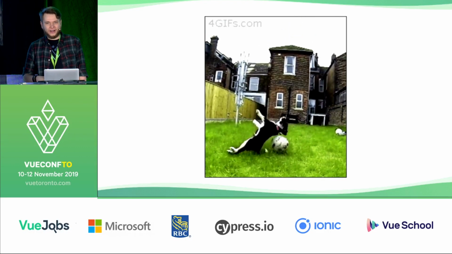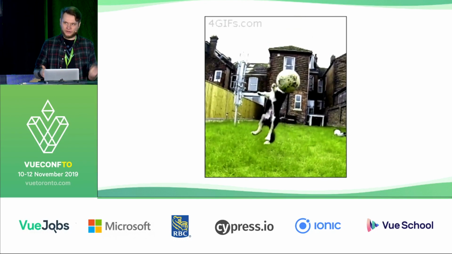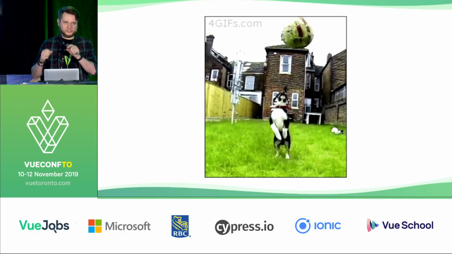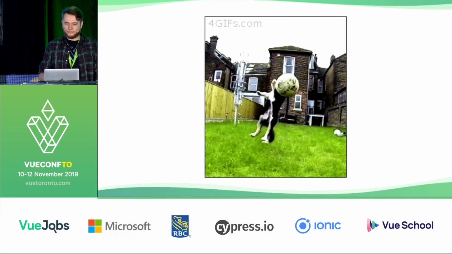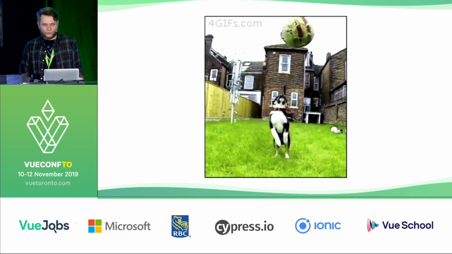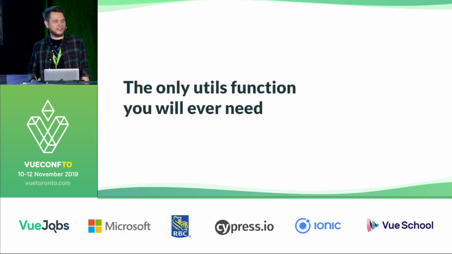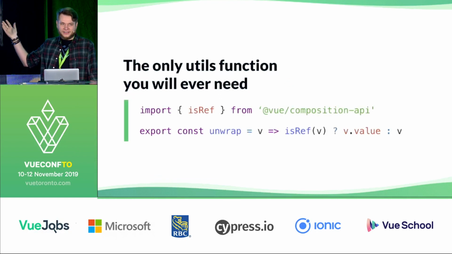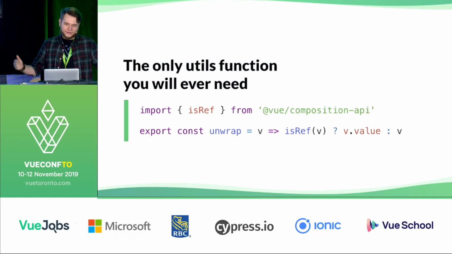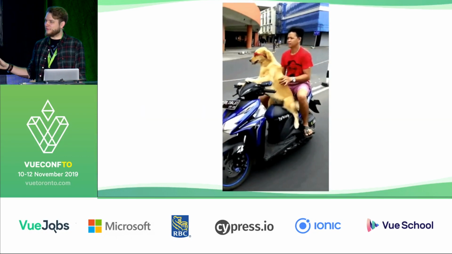So you always have to check whether this is a reference, so a computed property or a ref, which contains the dot value, or whether it's just a plain variable, right? There is one utils function that you will ever need, and I think this should be included in Vue 3. It just unwraps the value. It checks whether the variable is a reference, and if it is, returns the value, and if not, just returns the variable. Once I did this, it was like, ooh, now everything works perfectly.